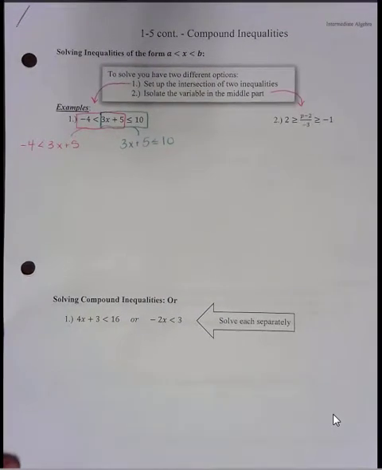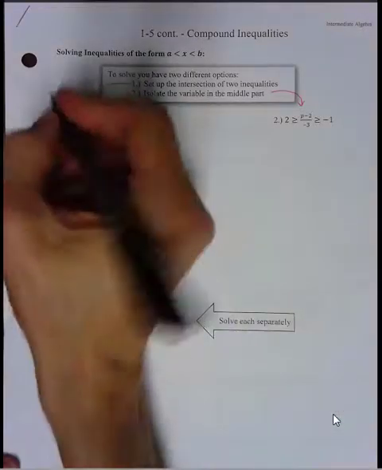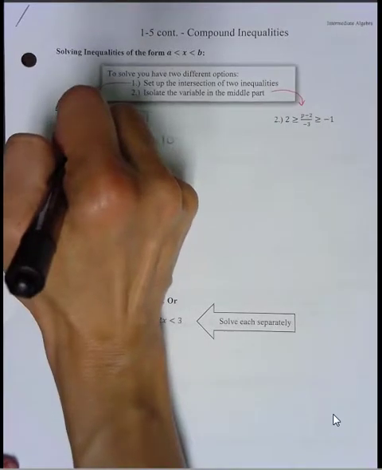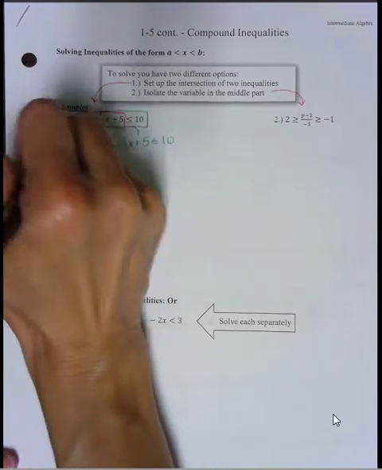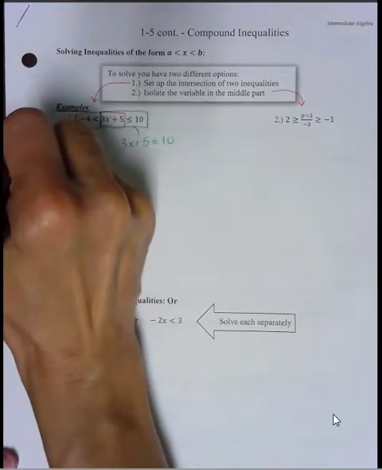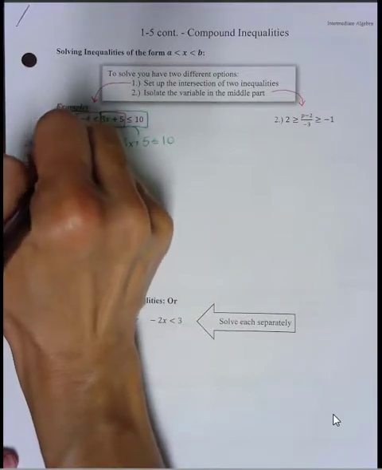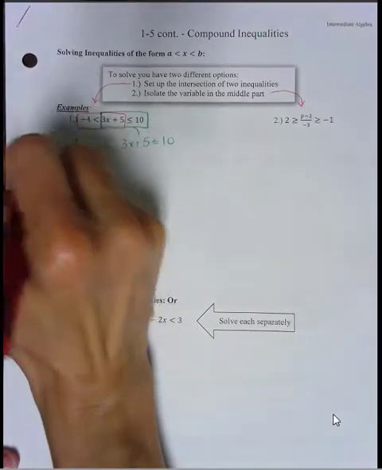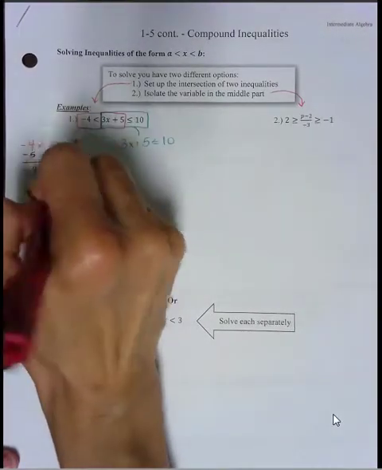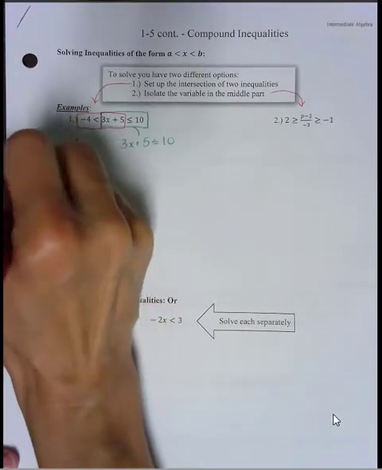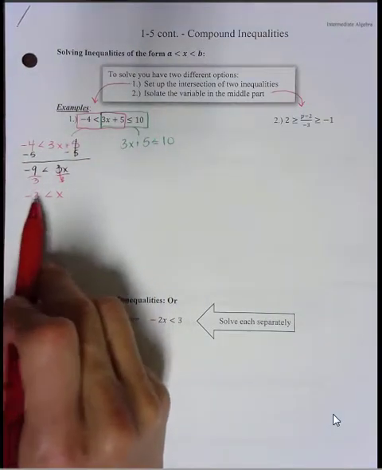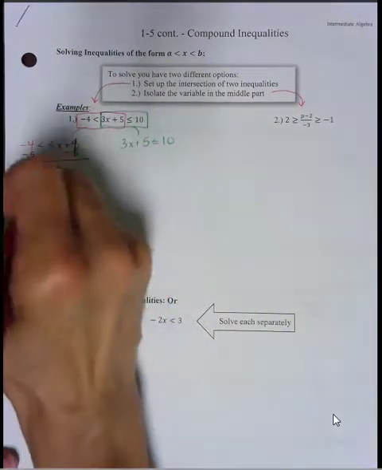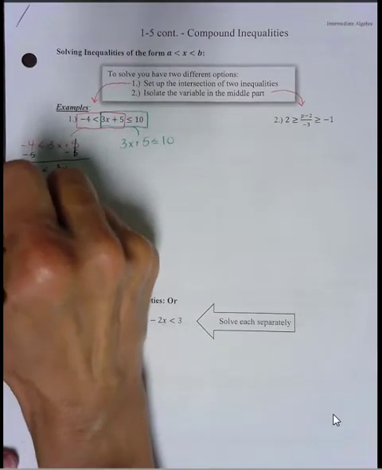Okay, so let's go ahead and solve the red one first, and so we'll go ahead and start to isolate the variable using inverse operations. And so we have x and -3, so we have -3 is less than x, and I usually like to rewrite it so that x is first.